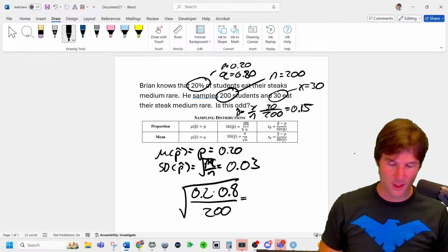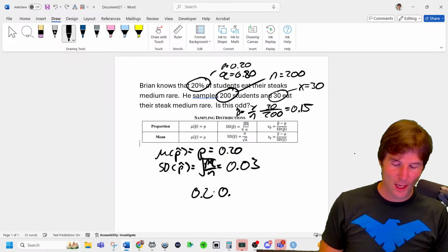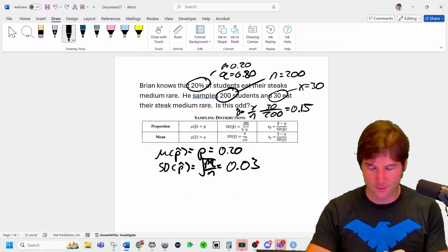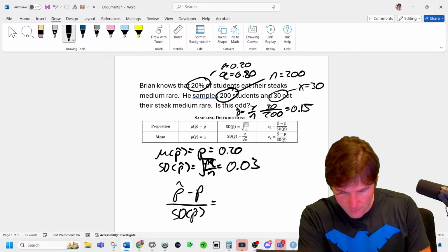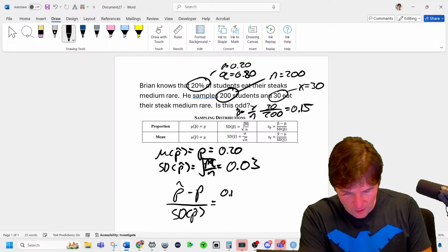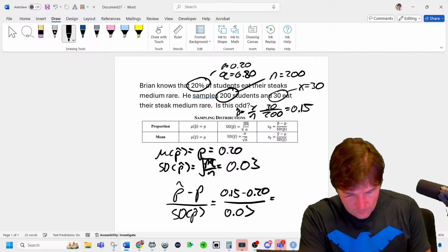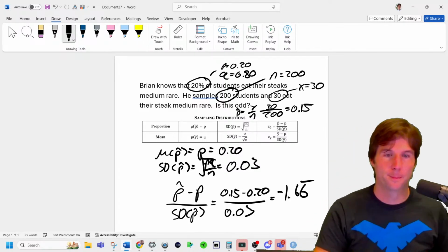I already did the standard deviation. Now the z-score: P hat minus P over the standard deviation. So P hat is 0.15. There we go.